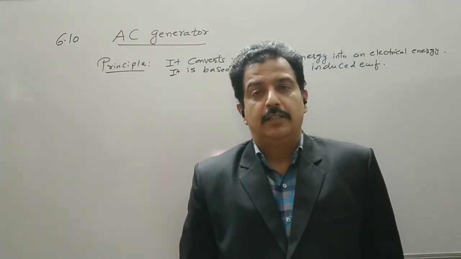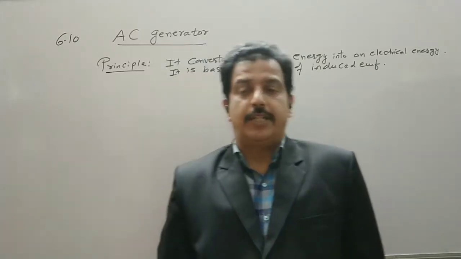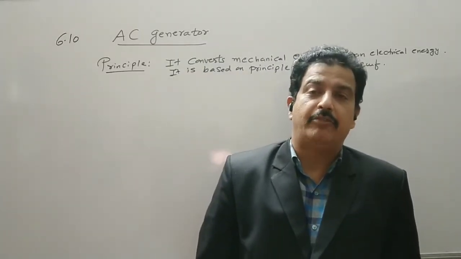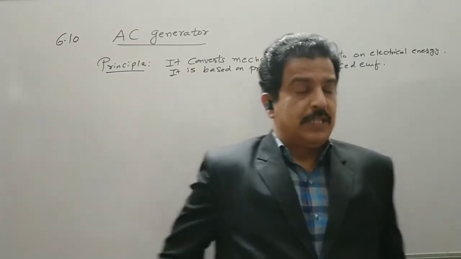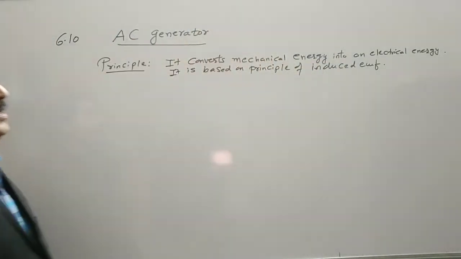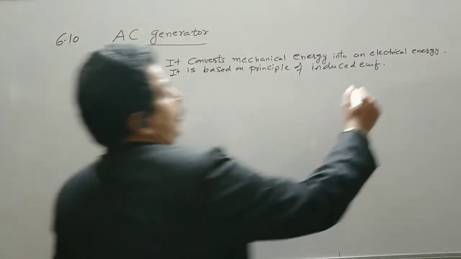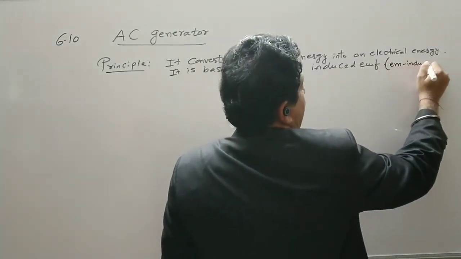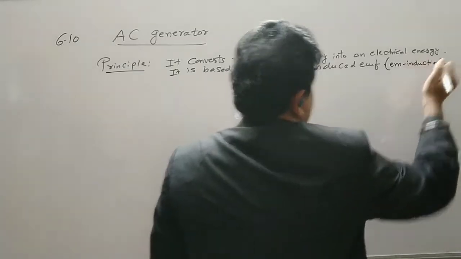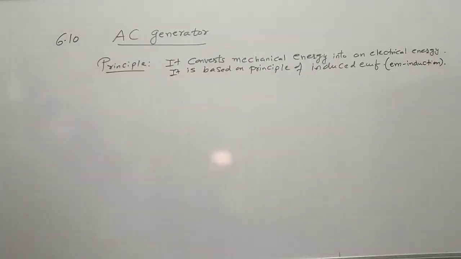As a result, the magnetic flux will change, and this change in magnetic flux will induce EMF in a coil. So it is based on the principle of induced EMF, or we can also say it is based on the principle of electromagnetic induction, and it will convert your mechanical energy into an electrical energy.